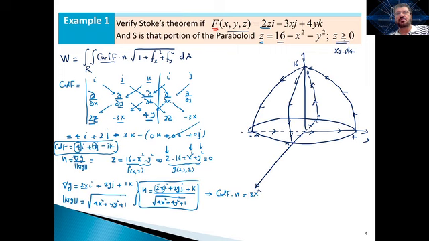Then this 2 times 2y is 4y. Then minus 3k times k is minus 3, divided by the square root of 4x squared plus 4y squared plus 1. This is curl f dot n, guys.